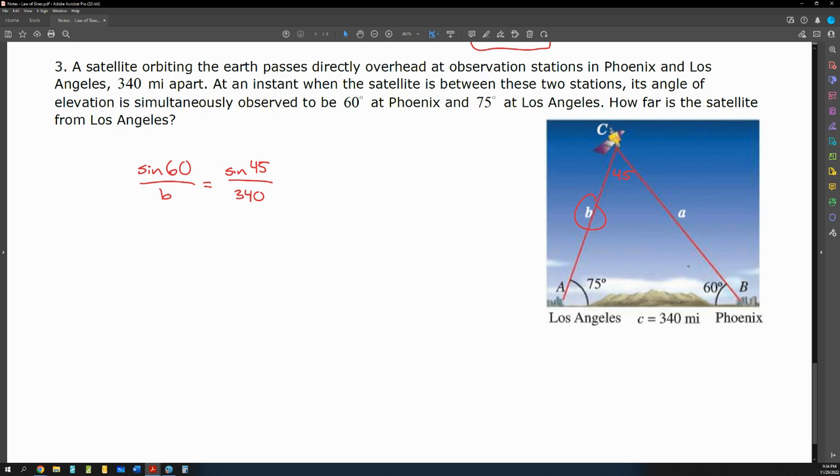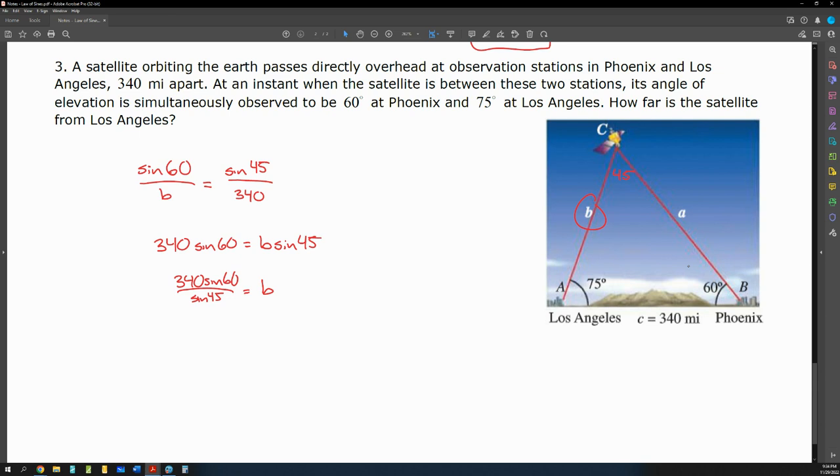Cross multiplying, we have 340 sine of 60 is equal to B sine of 45. Then we divide both sides by sine of 45. So B is equal to 340 sine of 60 all over the sine of 45.